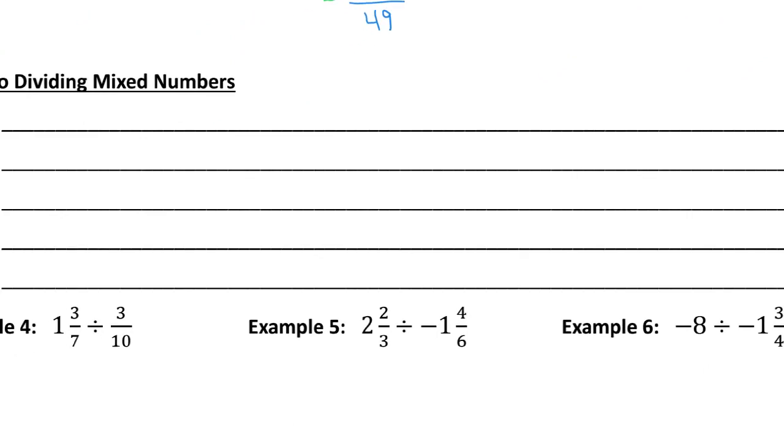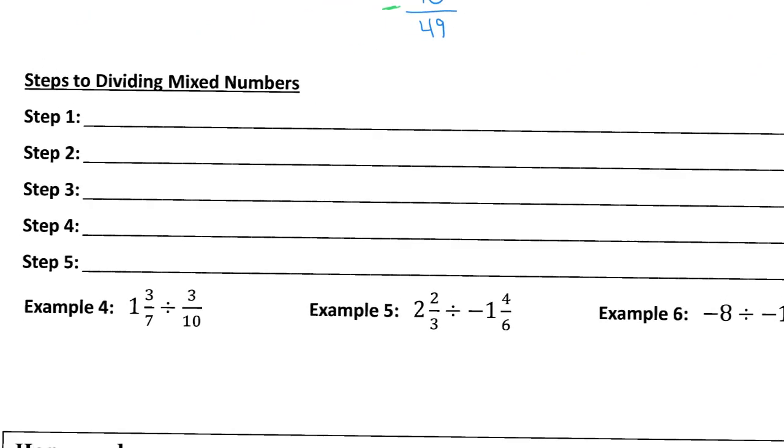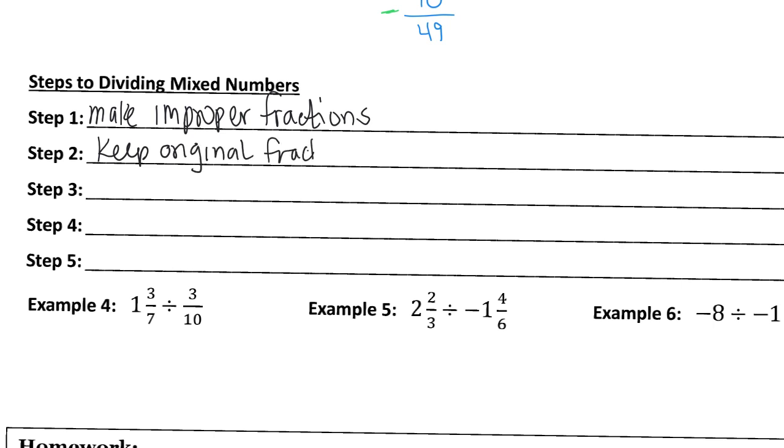All right, let's move down to mixed numbers. The steps are pretty much the same, except the first step is to make improper fractions. Next step is keep the original fraction. Change to multiplication.